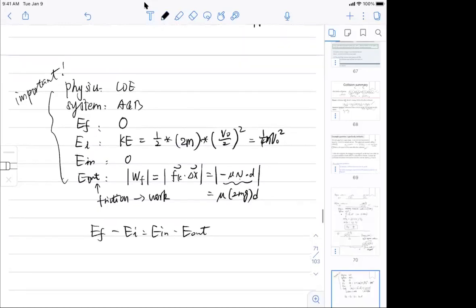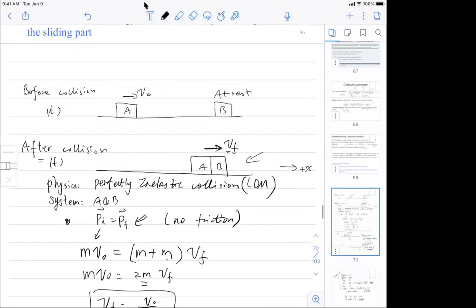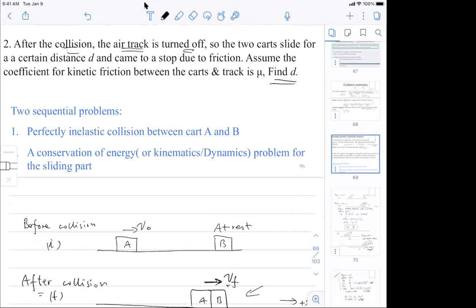Okay, so E final is, let's plug it in here. E final is 0, E initial is 1/4 m v naught squared, and energy output is 2 mu mg d. So you can solve for distance. What is the question? What is the distance? How far do they slide?